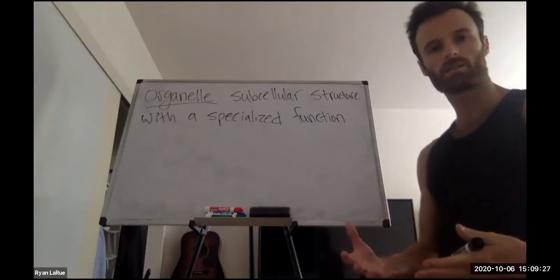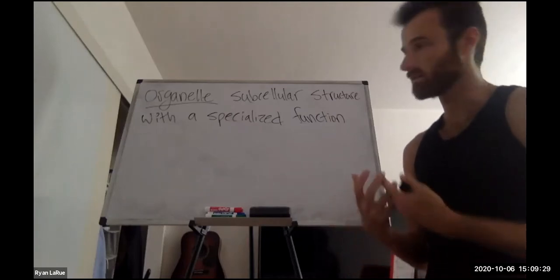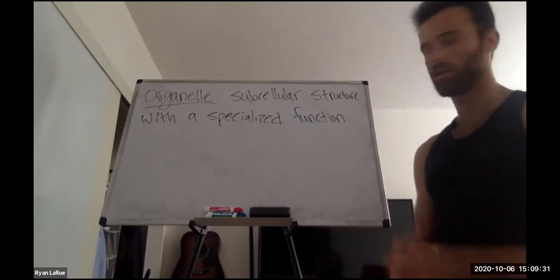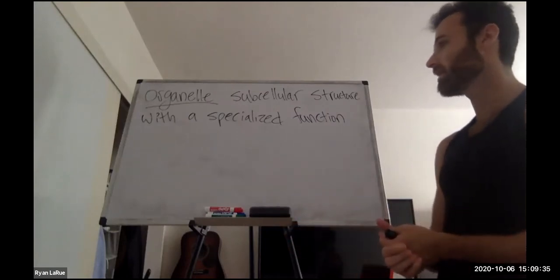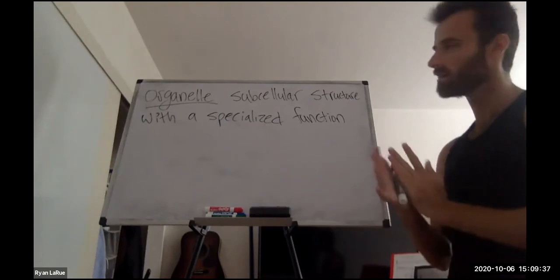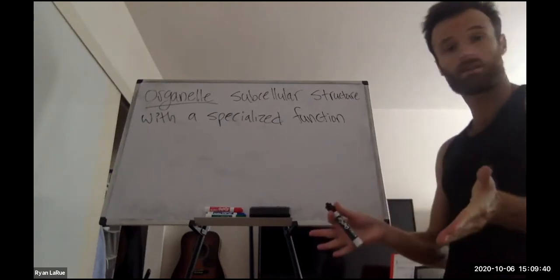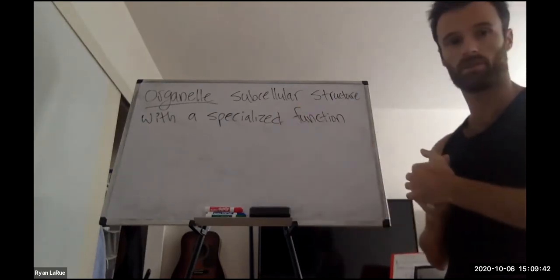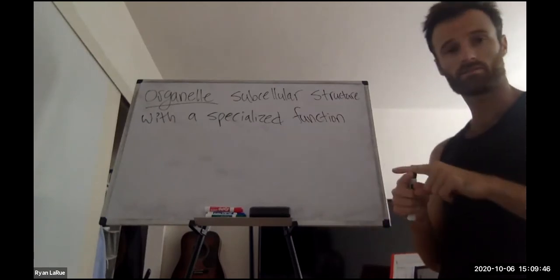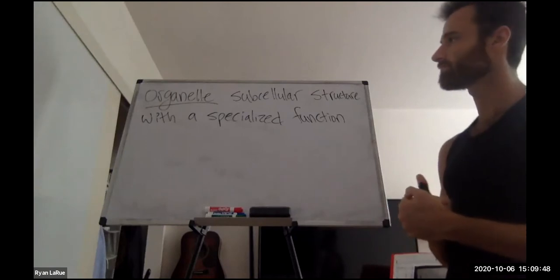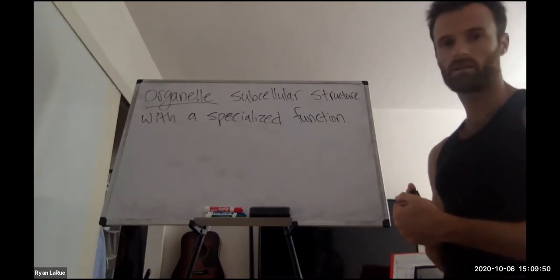Our stomach digests food. Our liver has a lot of specialized functions, but they're all very unique and specific. And that's exactly what we find with our organelles. They're just mini organs within cells, microscopic, very small.